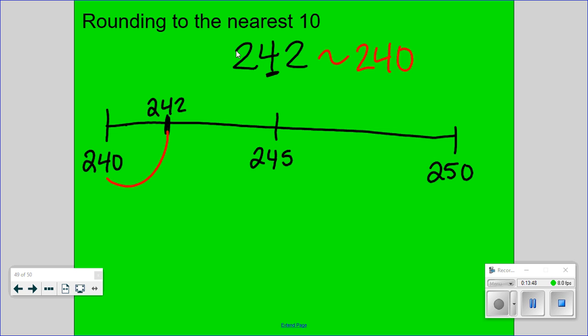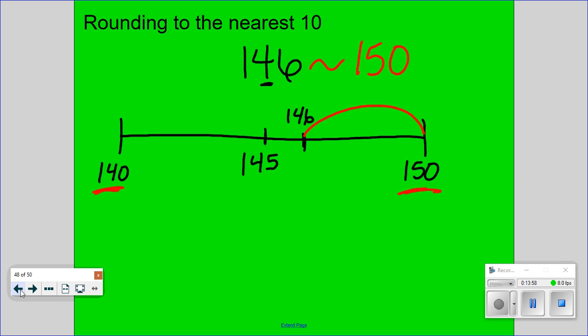So now that we've rounded these numbers to the nearest 10, let's see if when we add them together, we get a better close to number. So I have 240 fourth graders and 150 third graders. So I'm adding 150 plus 240.